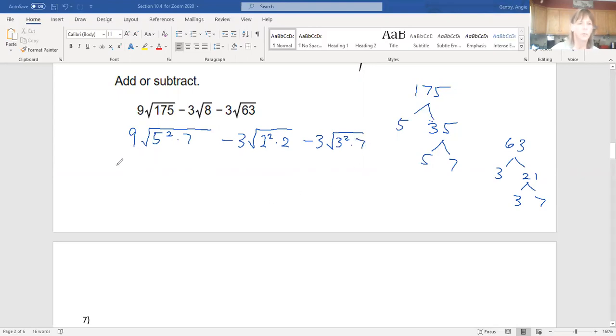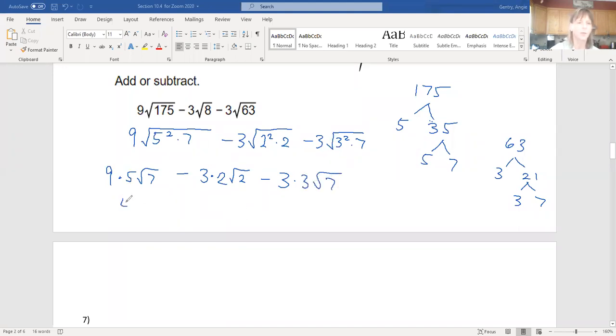Okay, then we keep going. 9 times 5 comes out, 7 stays under. 3 times 2 comes out, 2 stays under. 3 times 3 comes out, 7 stays under.